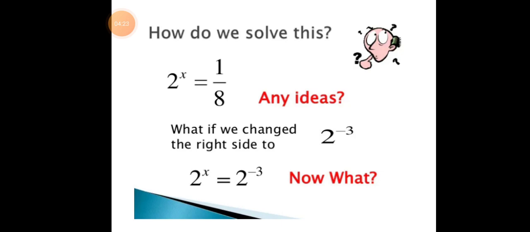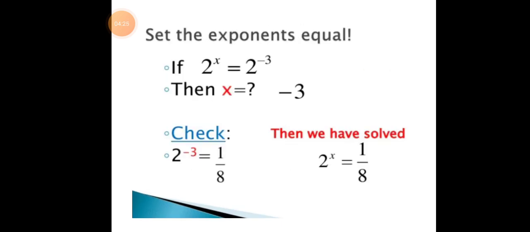Now I want to show you how to solve. Set the exponents equal. If 2 to the power of x equals 2 to the power of negative 3, then x is negative 3. We need to check: 2 to the power of negative 3 equals 1/8.